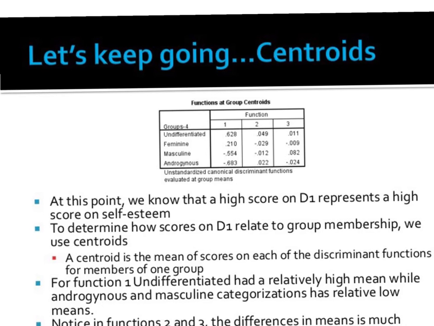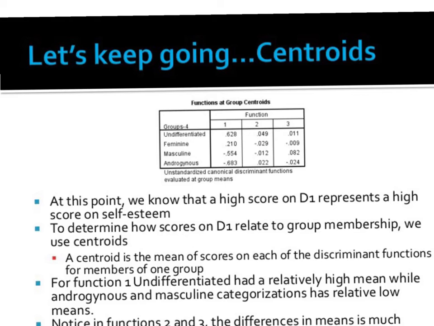Undifferentiated has a much higher mean here, and then overall we can't really discriminate between these two means. They're pretty close, but across the groups we have a higher mean there.